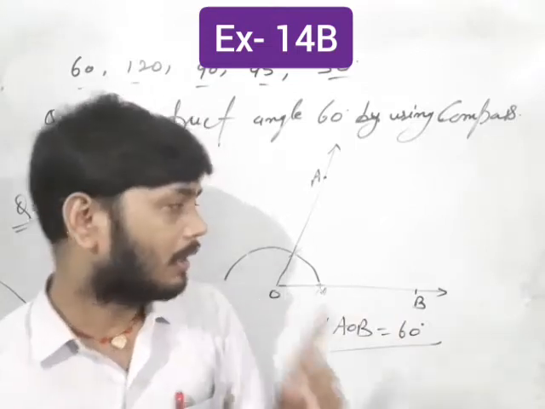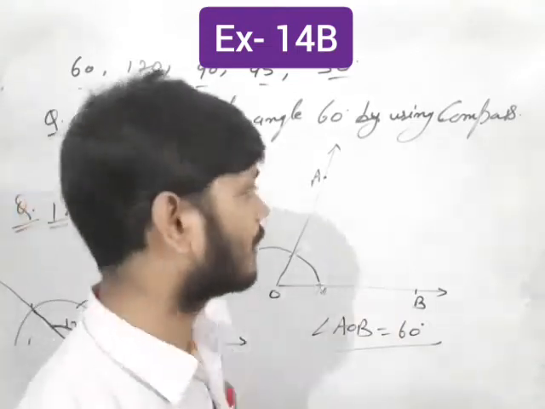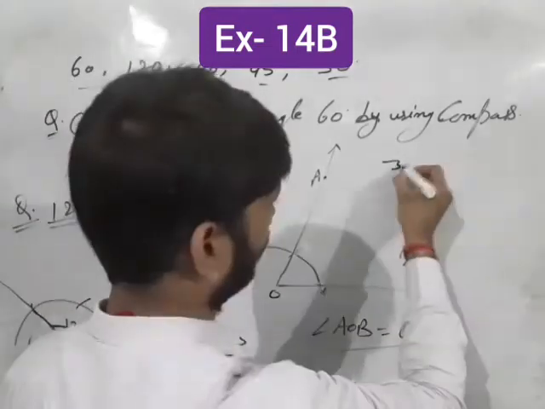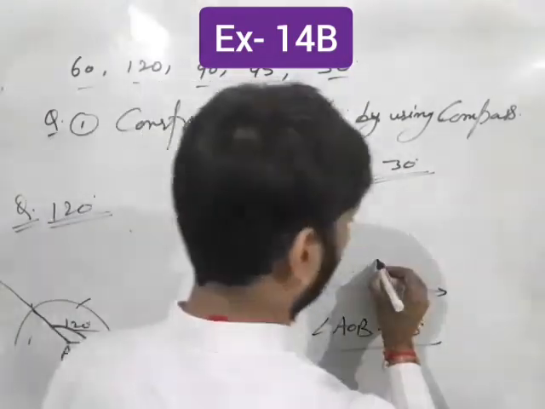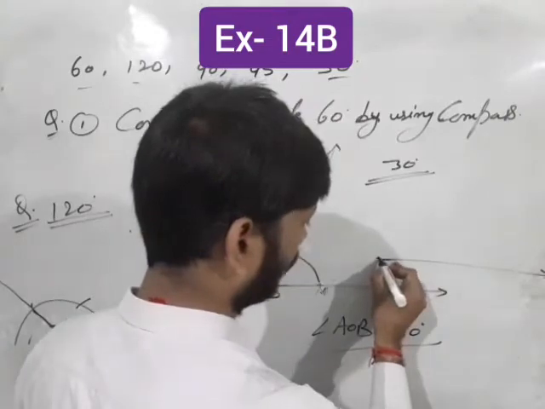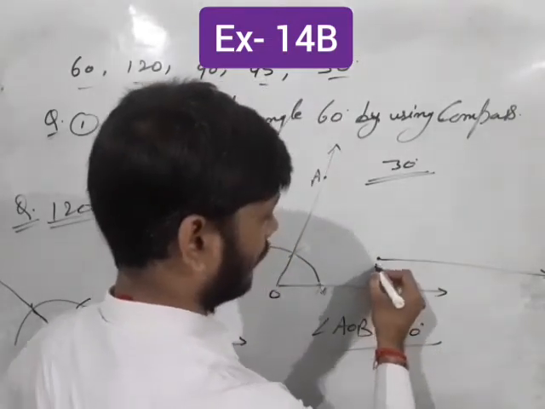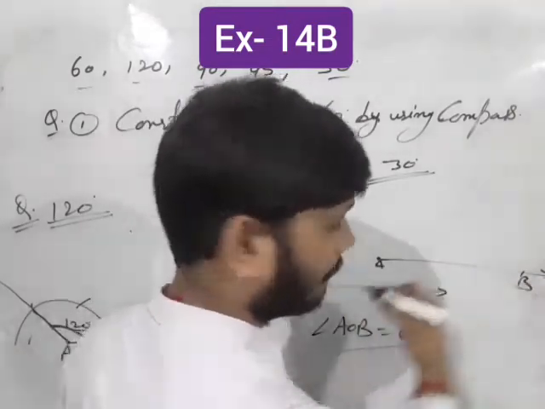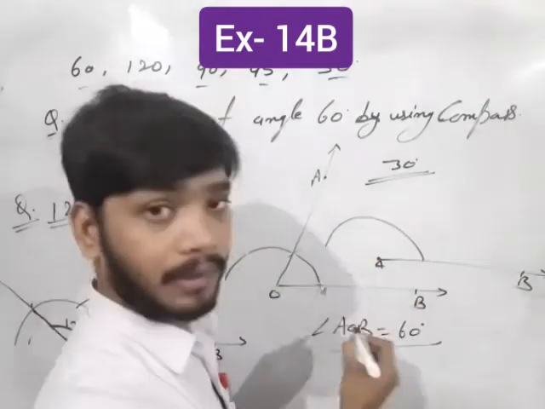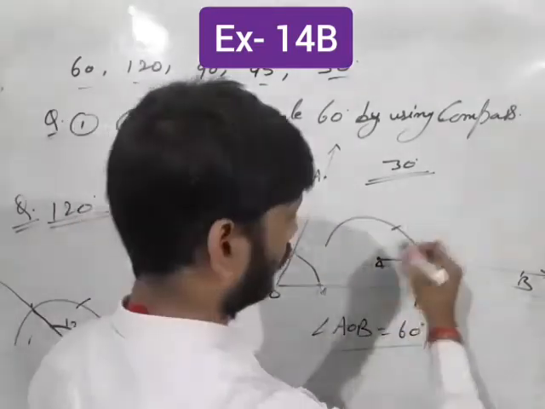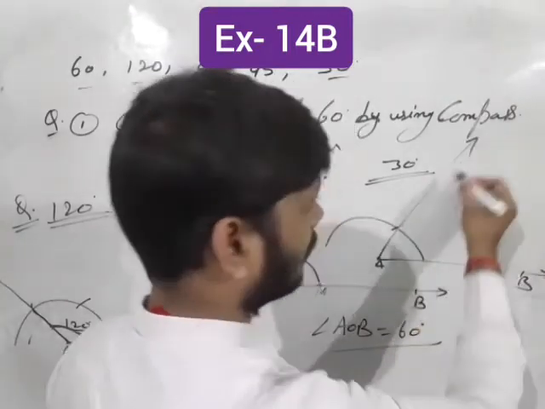So friends, when we have to construct an angle of 30 degree, first of all draw a line, a ray, suppose AB. Once again draw an arc, and here draw a 60 degree angle.